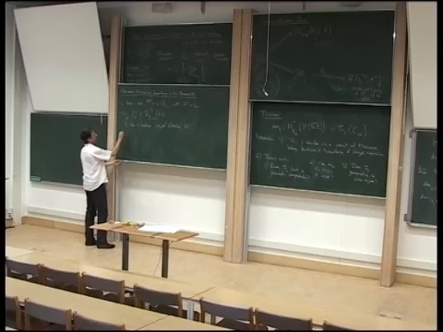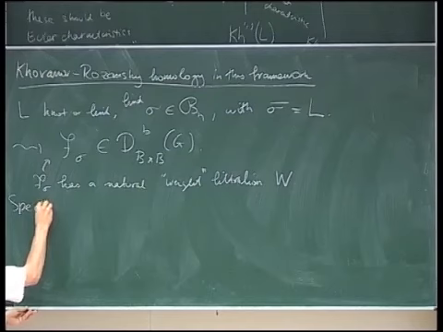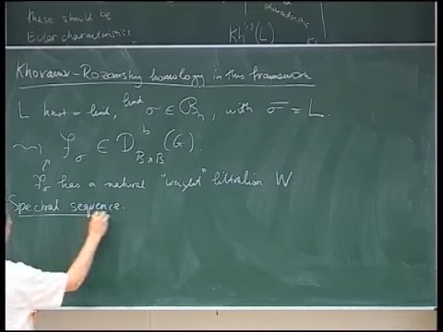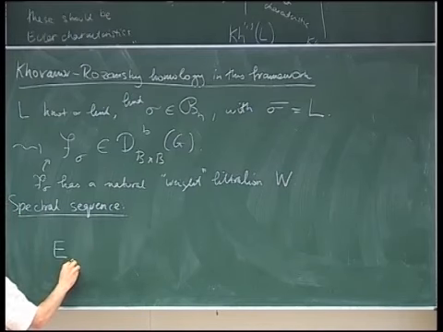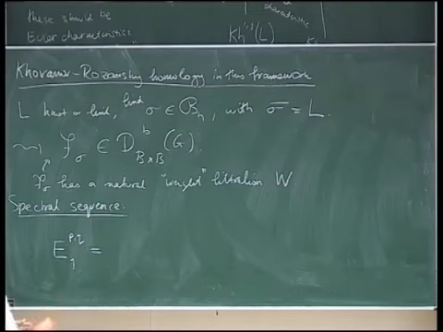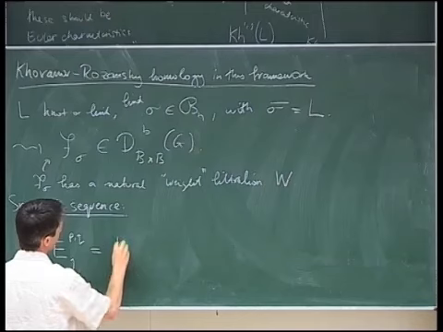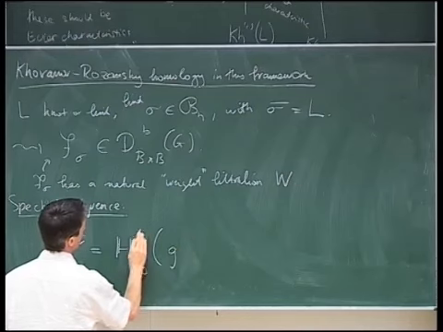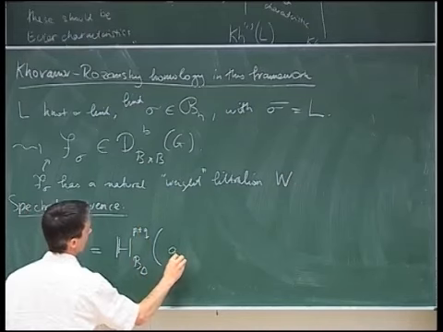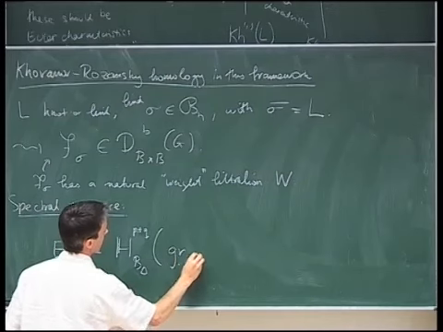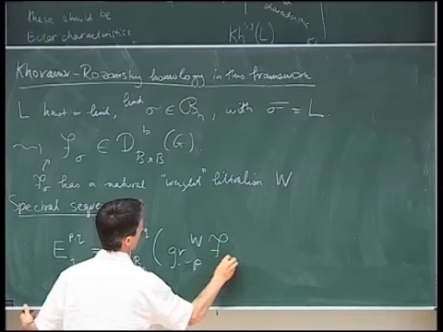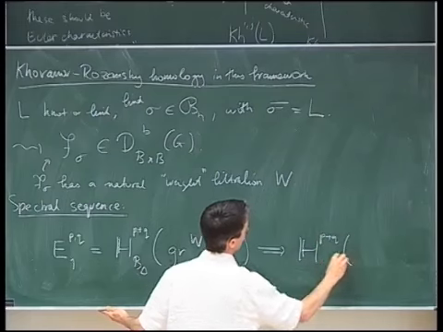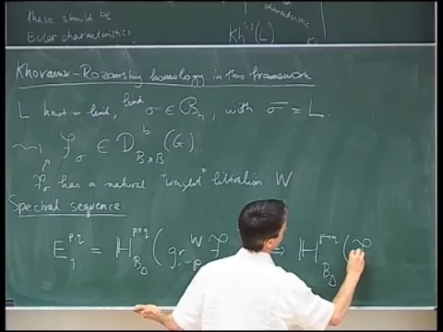And so this gives us a spectral sequence with E1 term, minus P, converging to the P plus Q equivariant hypercohomology of F sigma.